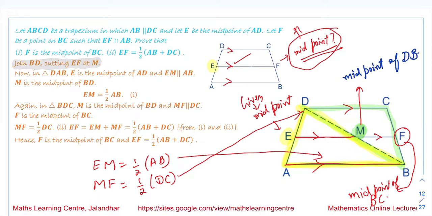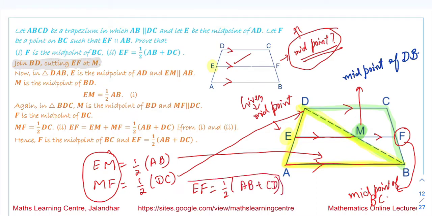Now we have to find the total length, that is EF. So we get EF is equal to 1 by 2 times (AB plus CD). This is what we have to prove.